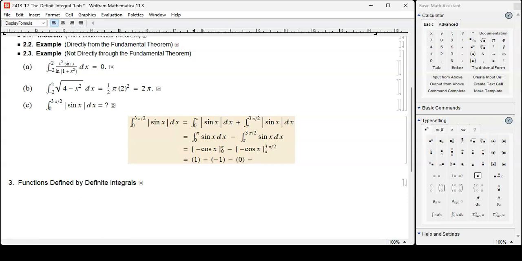Then cosine of pi is -1, and we have a negative here, positive, and another negative here, so you're going to end up with 3.